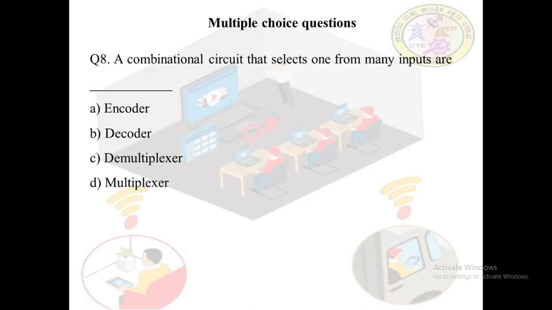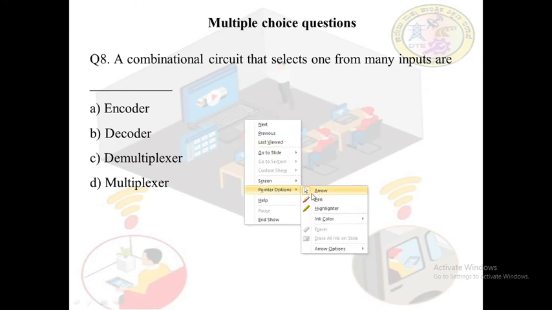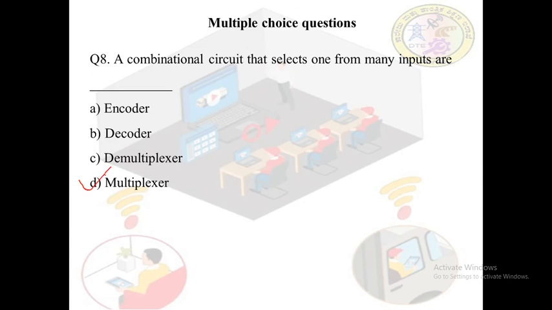Question 8. A combinational circuit that selects one from many inputs is dash. A direct question. A combinational circuit selecting one input from many alternatives is nothing but a multiplexer.